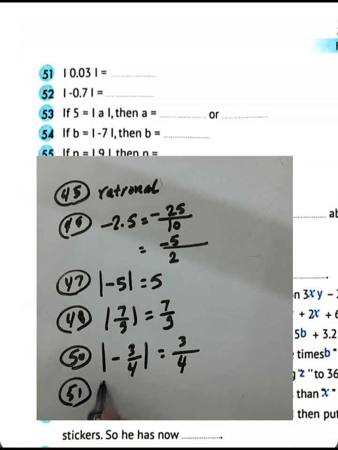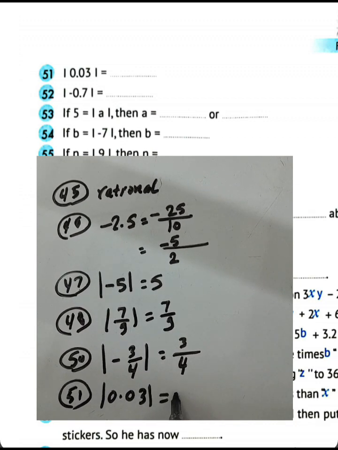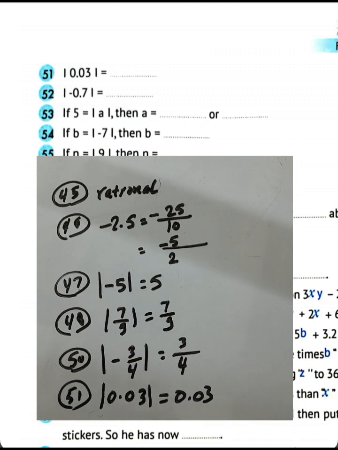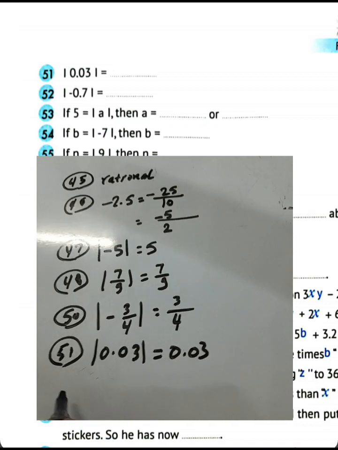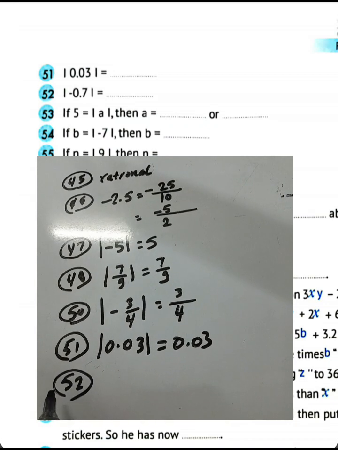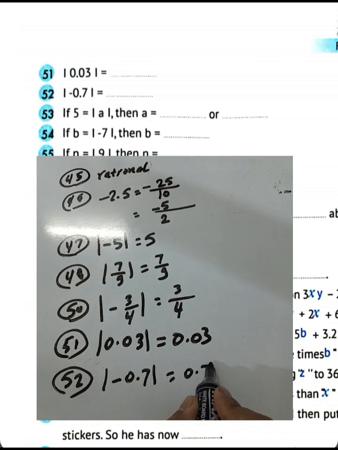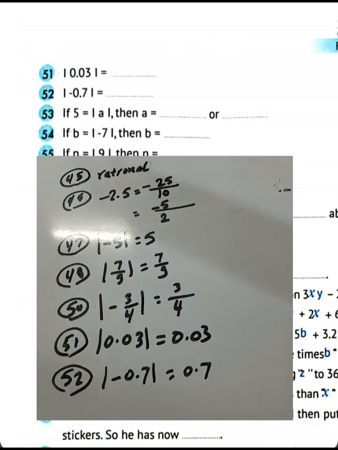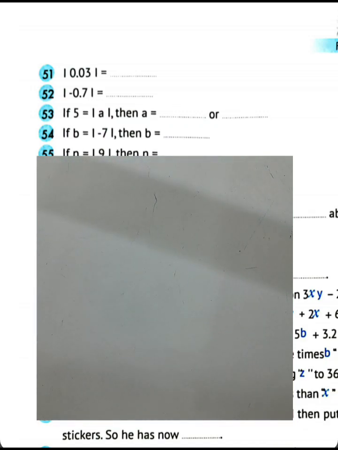Here the absolute value of 0.03 will be the same positive number. Okay, complete with me. Question 52. Absolute value of negative 0.7 will be 0.7. Absolute value of any number will be positive. Convert the number's sign from negative to positive.